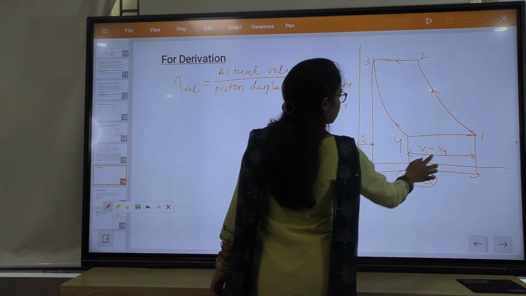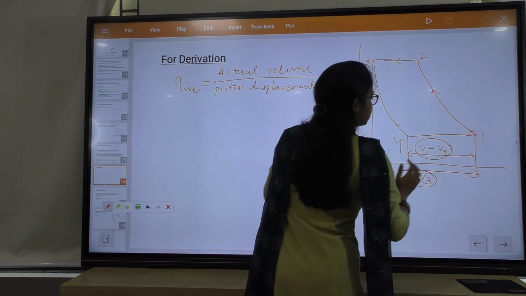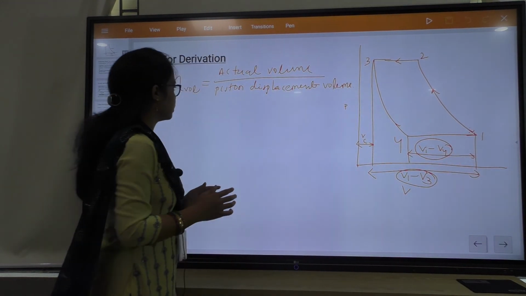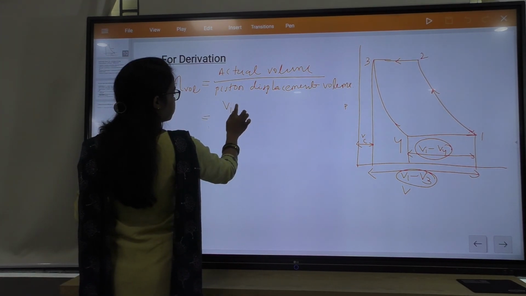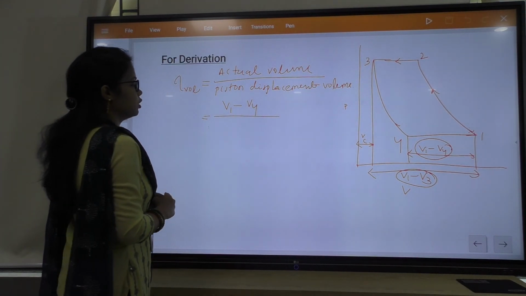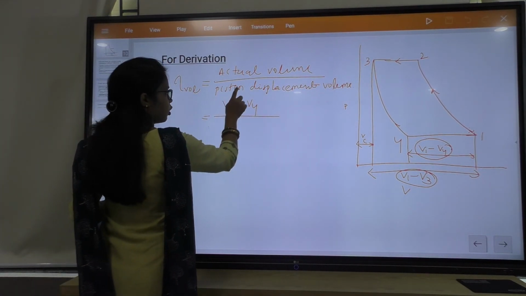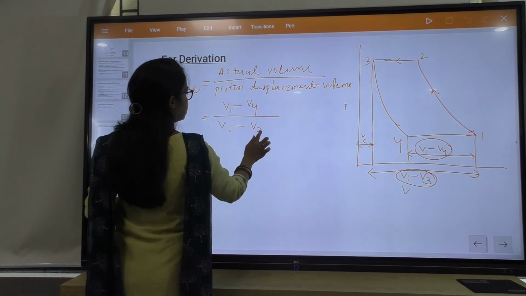Clear? This value divided by this value is the volumetric efficiency. That means the actual volume you can write as V1 minus V4, divided by the piston displacement volume, or swept volume, which you can write as V1 minus V3.